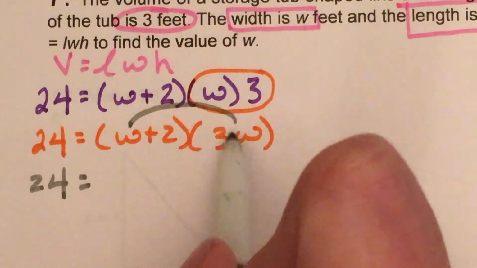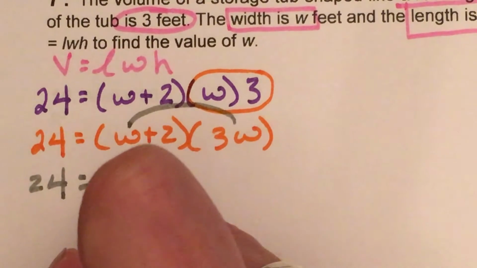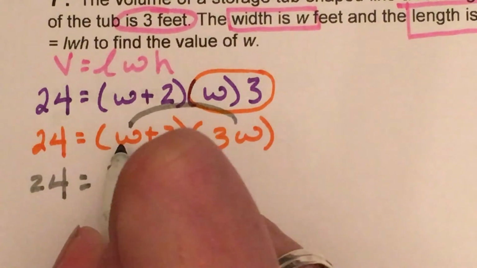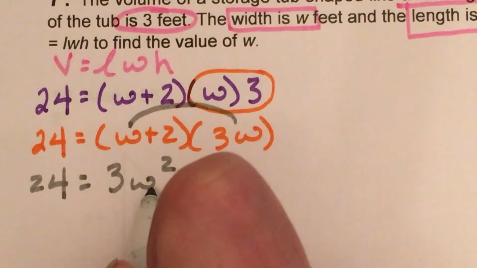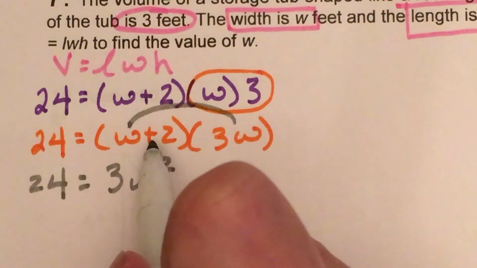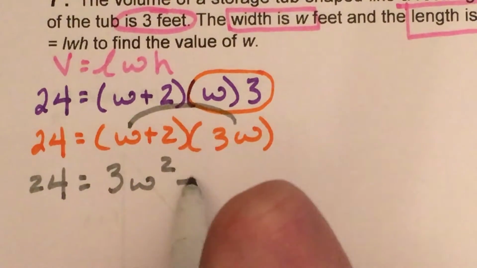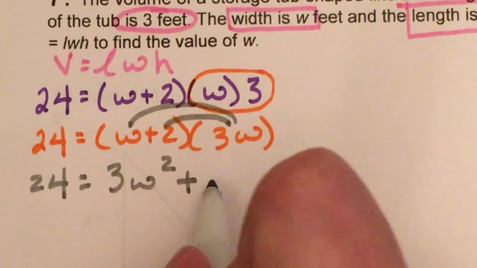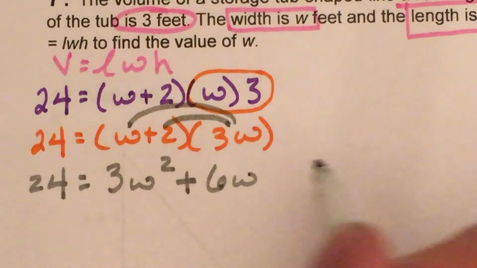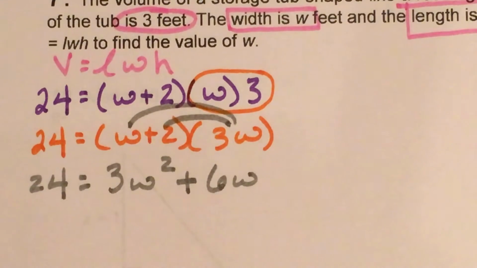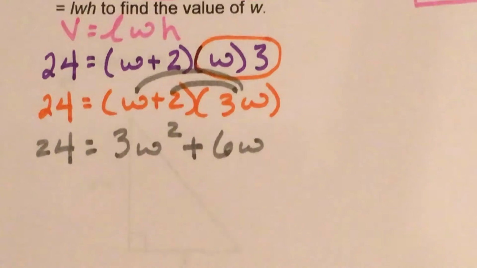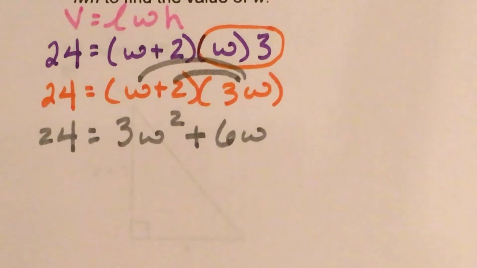So 3W times W is 3W squared, because W times W is W squared, and a positive times a positive is a positive. 2 times 3W, yep, 6W.